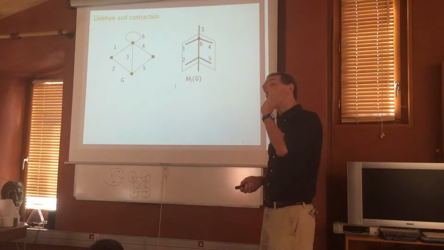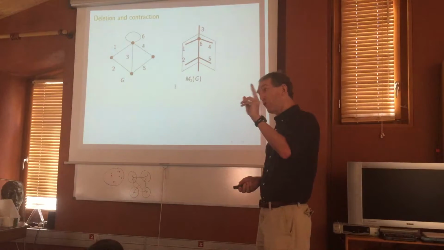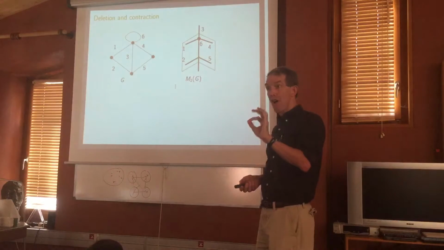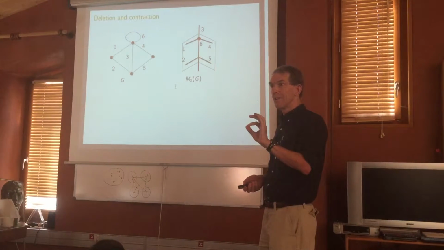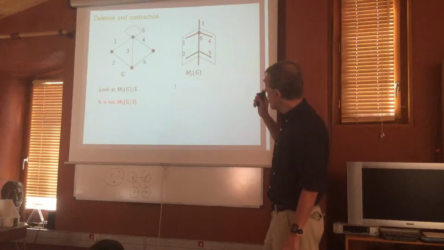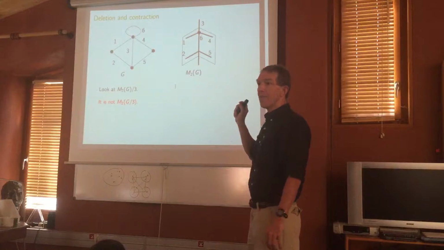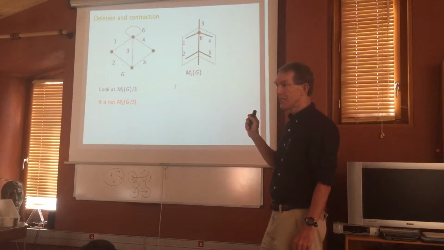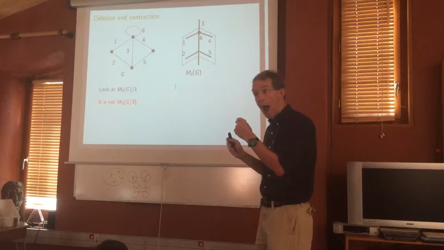Now the edge 3 has rank 2. So when I contract it, the rank of this whole thing is going to drop by 2. So when you look at this contraction of the element 3, you're not just contracting the edge 3, because that would only drop the rank by 1.